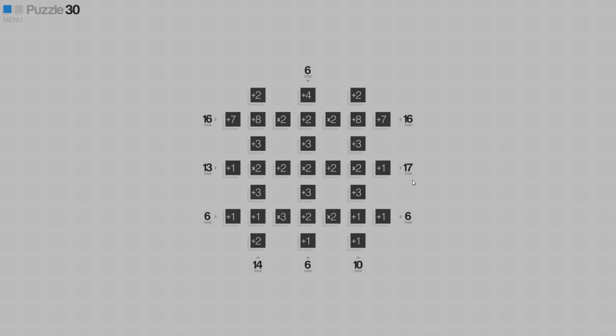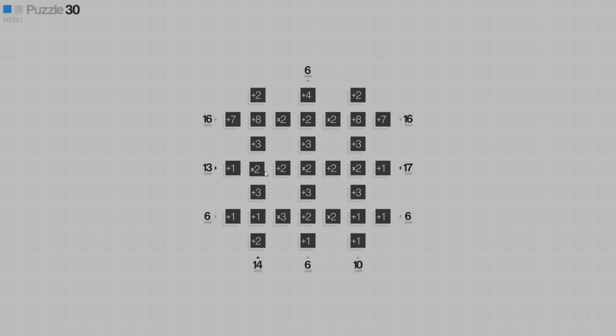I think the easiest way to start is by actually looking at the thing that looks the most complicated. It's this middle row here. Now, we have differing total values on each side, 13 and 17, which means we definitely have to use a multiplicator, one at least, maybe more. Yeah.